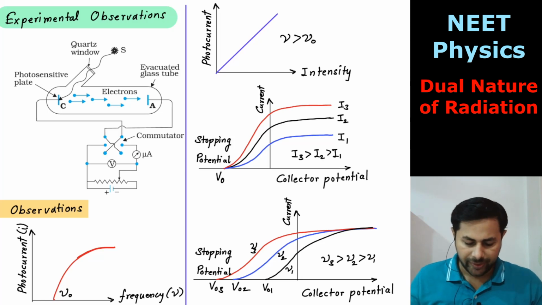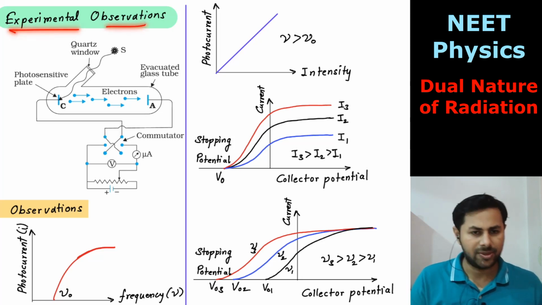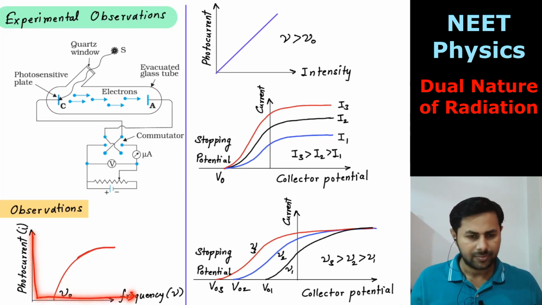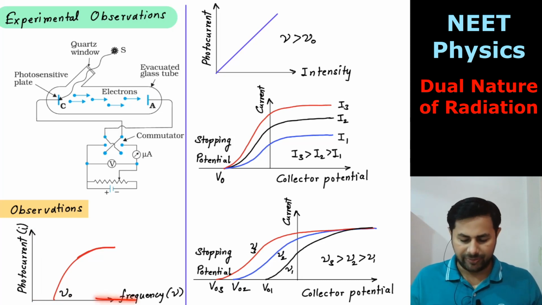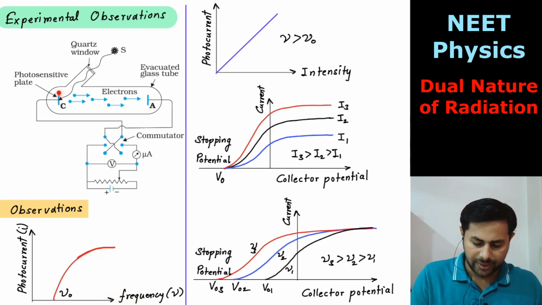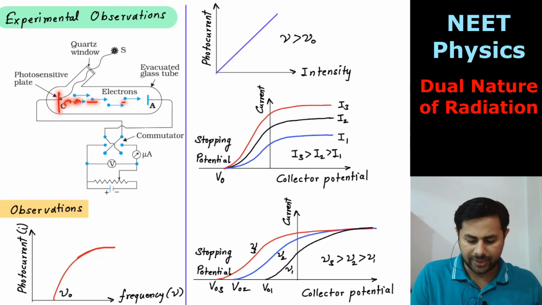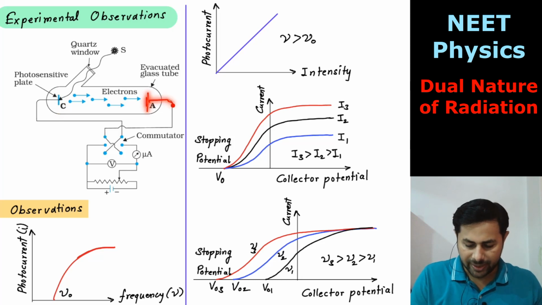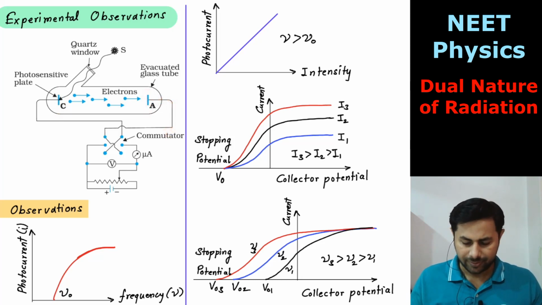Now see, what are the experimental observations of Hertz and Lenard? They observed, see this first graph, photocurrent versus frequency. Now what is photocurrent?